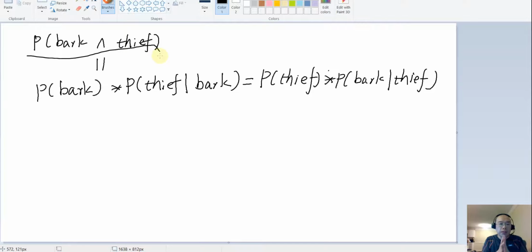It equals P(bark) multiplied by P(thief | bark), and it also equals P(thief) multiplied by P(bark | thief). So there are a total of 4 variables in this part of the formula.